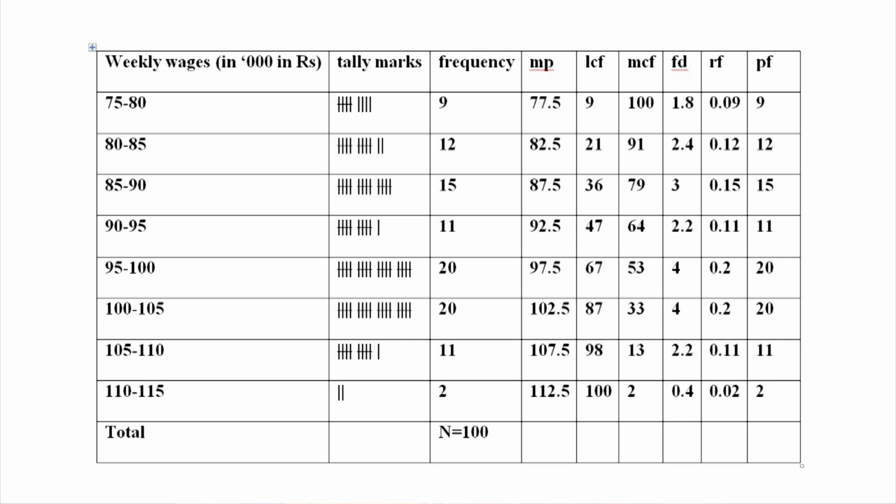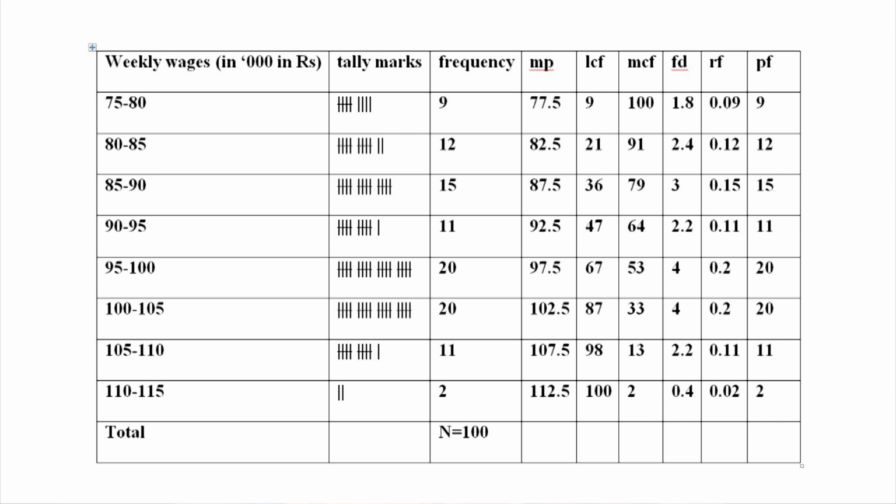Now, looking into the observations, we group them using the tally marks in the second column. The first observation in the data is 100. Hence, put a tally mark corresponding to the class interval 100 to 105. The second observation in the data is 75.